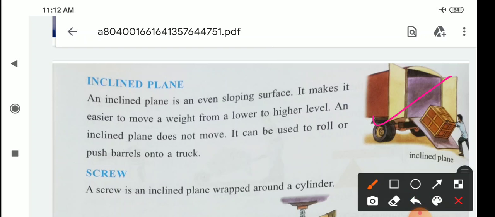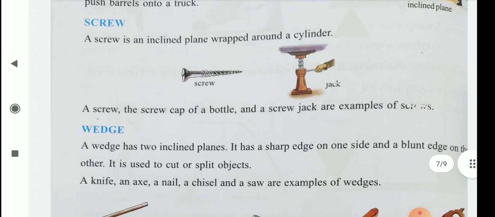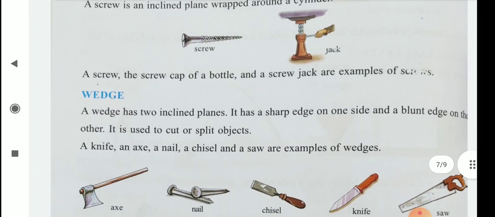Then screw. A screw is an inclined plane wrapped around a cylinder. A screw, the screw cap of a bottle, and the screw jack are examples of screws. Then wedge. A wedge has two inclined planes.